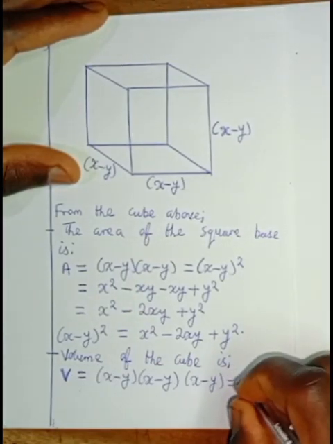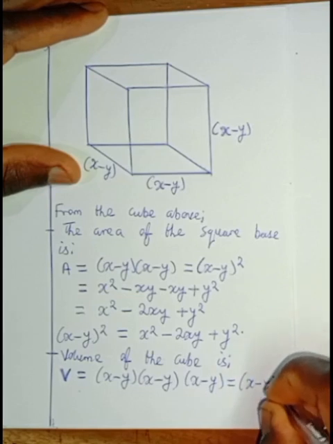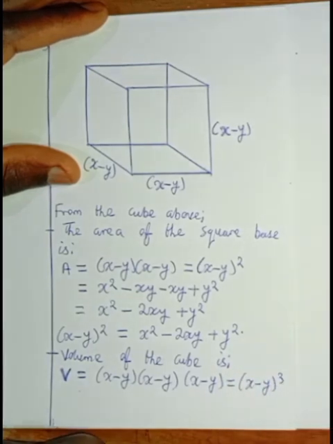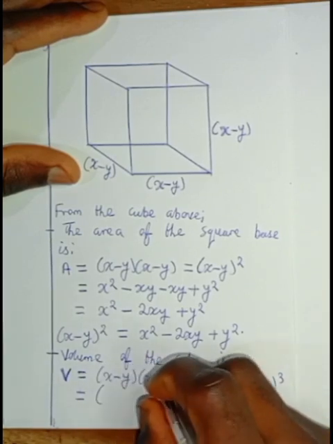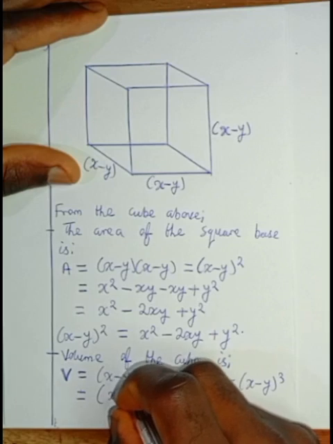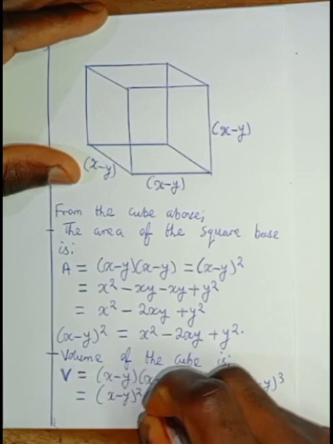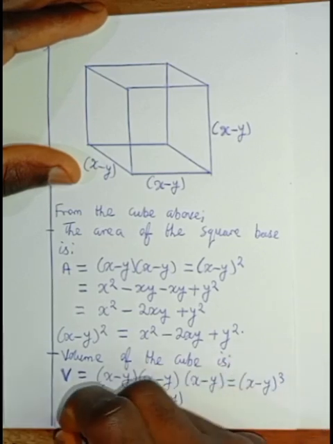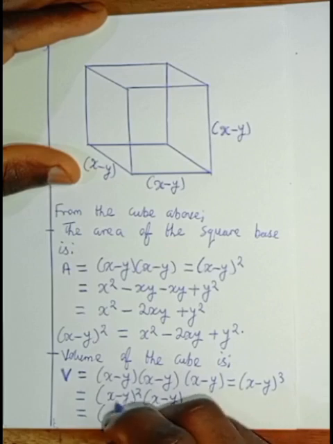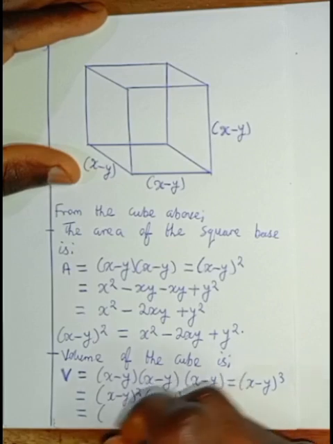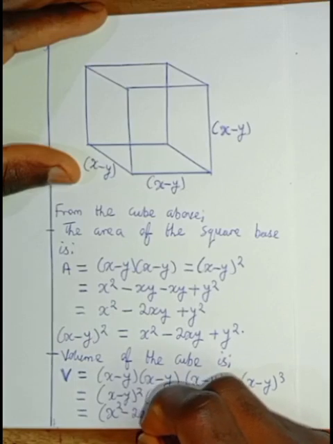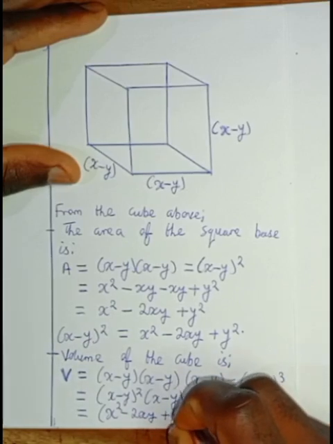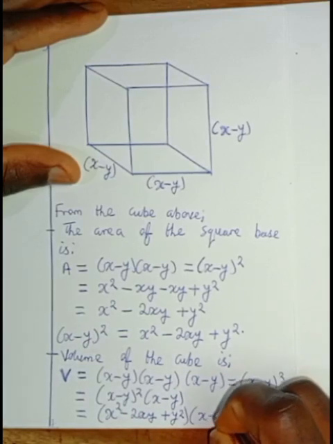We know this is the same as x minus y, all this cubed. We can say this is the same as x minus y times x minus y gives us x minus y squared times x minus y, which is the same as x squared minus 2xy plus y squared times x minus y.